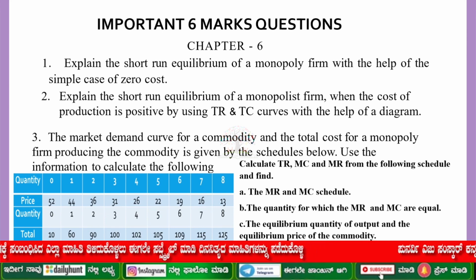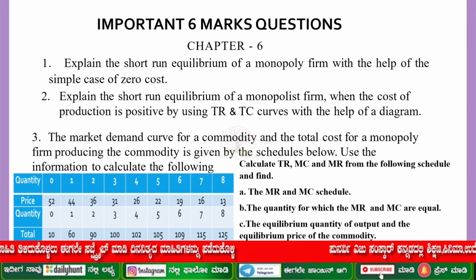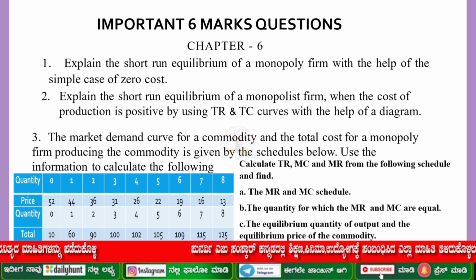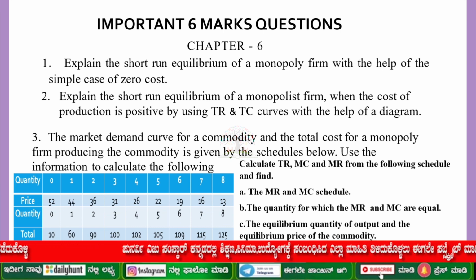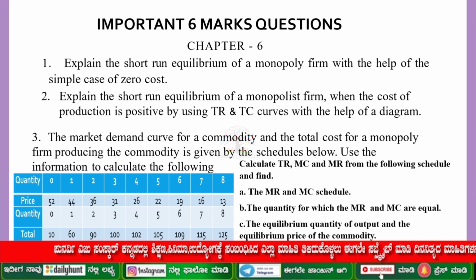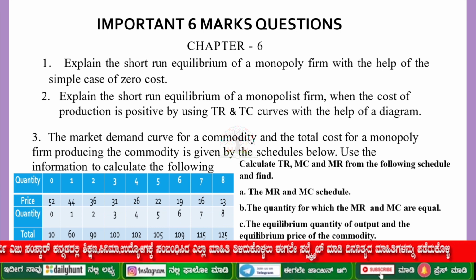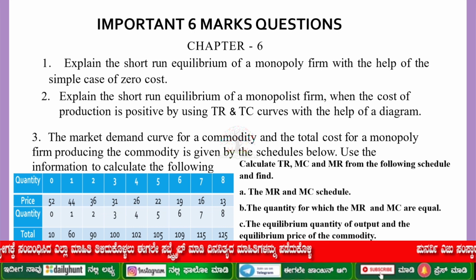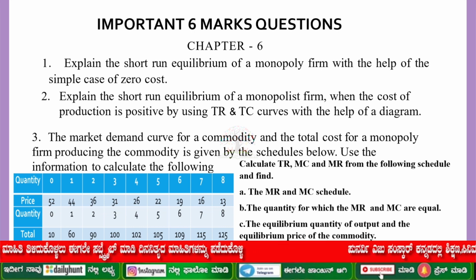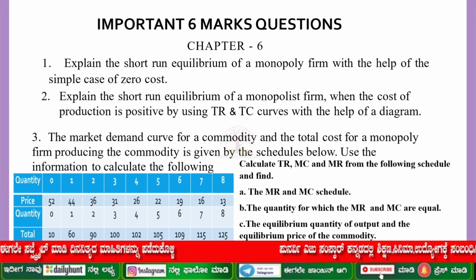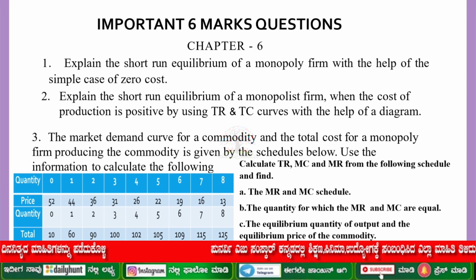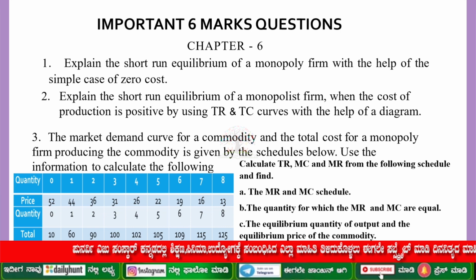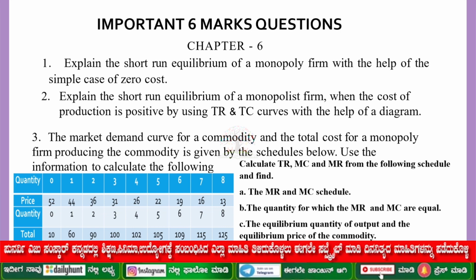From the 6th chapter also, you can expect one 6-mark question. From this chapter, there are 3 important questions. First one is short-run equilibrium of a monopoly firm with the simple case of zero cost. And one more question, that is short-run equilibrium of a monopolist when the cost of production is positive, using TR and TC curves with the help of a diagram.